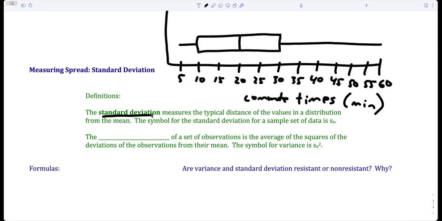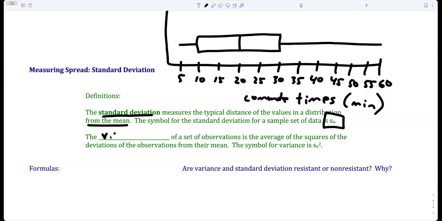As I said, this is an extremely important concept in stats. The standard deviation measures the typical distance of the values in a distribution from the mean. The symbol for the standard deviation for a sample set of data is S sub x.